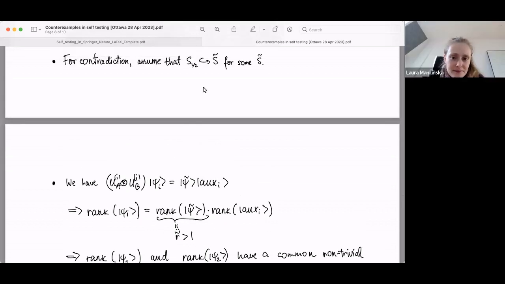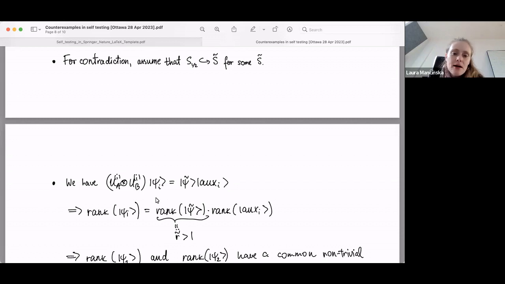Okay. So I'm assuming that S1 can be locally dilated to S tilde and S2 can be locally dilated to S tilde. In particular, I'm just assuming it for the state. So that means that I can find an isometry, like I need two local isometries, one for one and one for two, so that this equation holds.